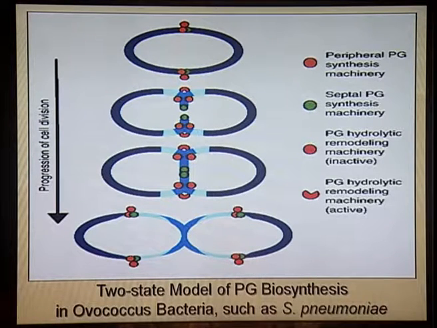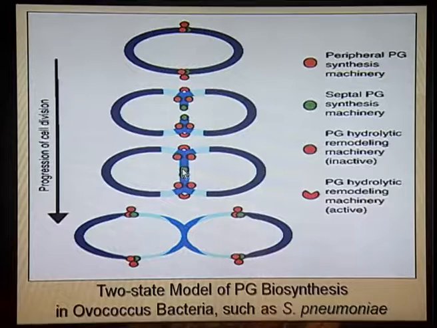Although we have heard of Streptococcus as principally cocci, they are actually ovococci, coccal cells which are slightly oval. And the two machineries that you will be seeing here are actually operating in two diverse reactions. For simplicity's sake, in the diagram they have been shown as two separate systems or machines, but they are all the one. One produces at the peripheral region, the other at the septum region.